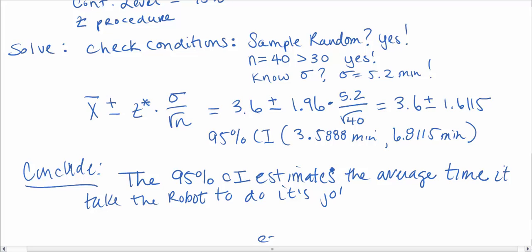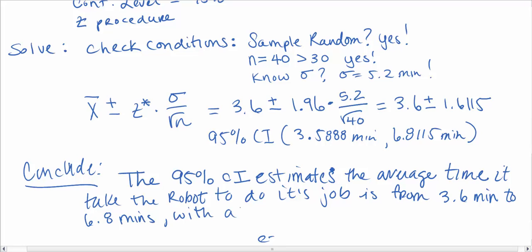And maybe I would elaborate on that a little bit more if this was more formal. Is from 3.6 minutes, and I'm going to just kind of abbreviate that a little bit from the original confidence interval, to 6.8 minutes with a best guess of 5.2 minutes on average. I just wanted to include my point estimate in there as well.